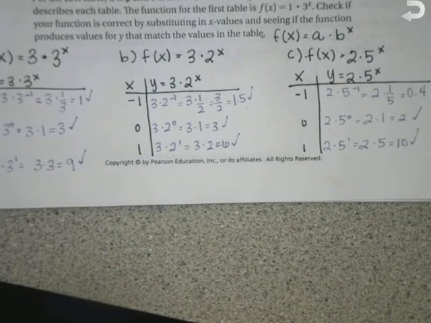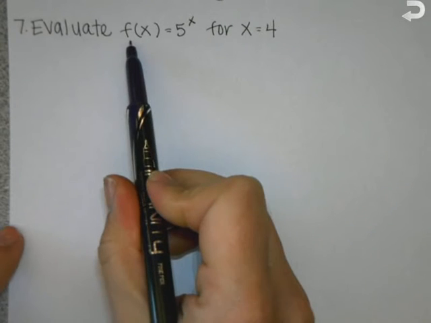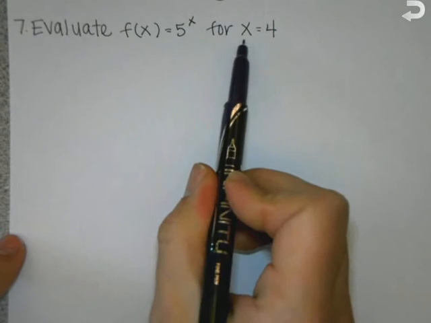I have a couple questions from your homework that I just want to go over with you really quick, because there are some questions that aren't asked in that exact way. So will you please look at your homework packet number 7. Question number 7 asks you to evaluate for the given value, and it gives you the function f of x equals 5 to the x for x equals 4.